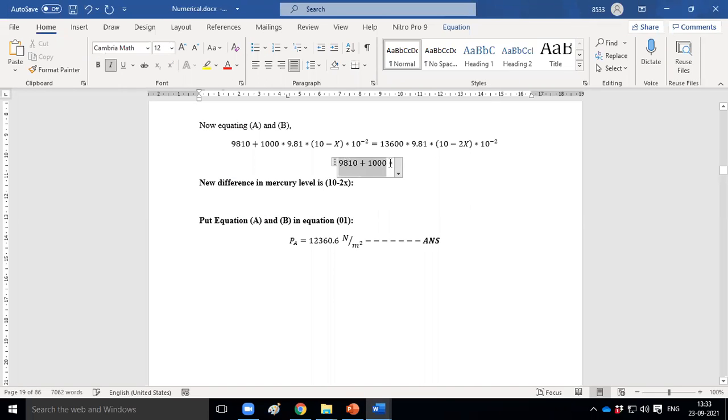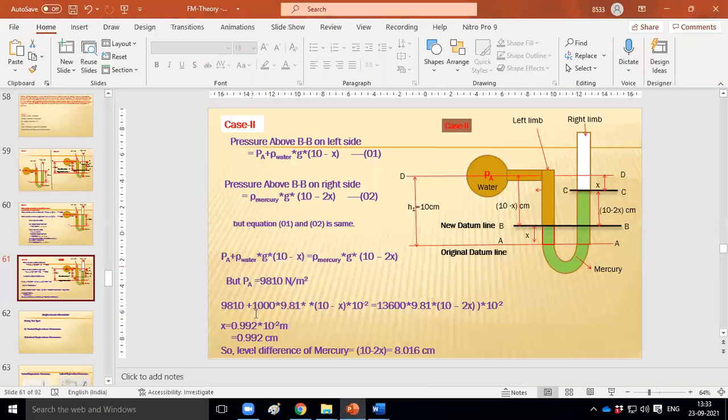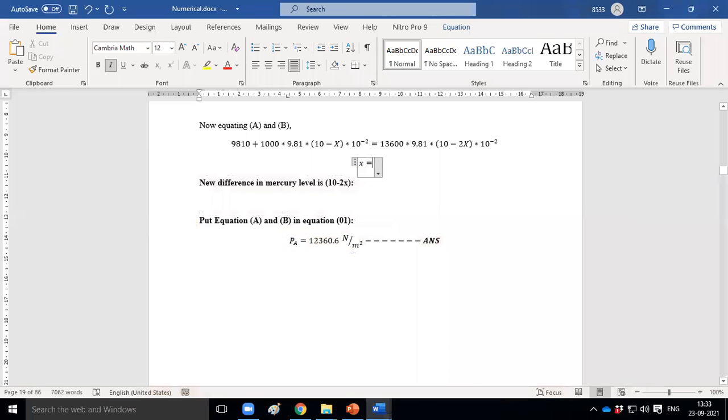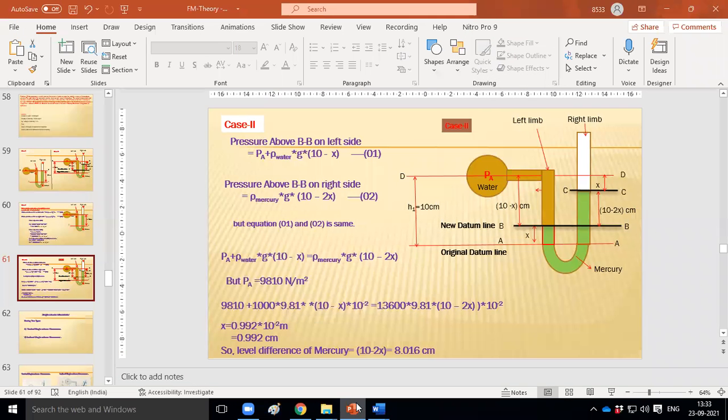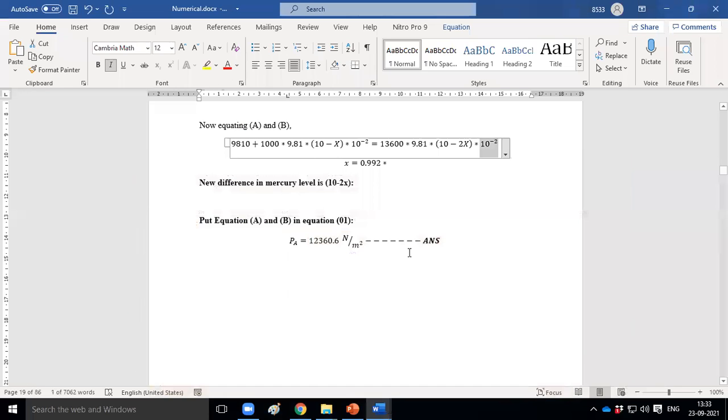You can just cross check your calculation. x is equal to 0.992 into 10 to the power minus 2 meter.